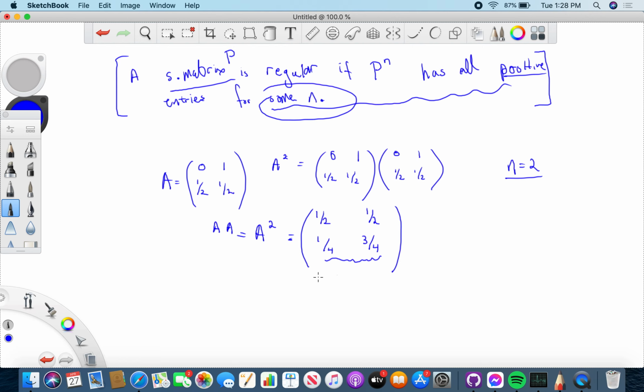Also, all the values are strictly greater than 0, so now we can say affirmatively that A is regular. A squared is also regular because A squared raised to the first power has all positive values, but the thing we're really interested in is that A is regular, and it is regular because A squared satisfies the conditions.